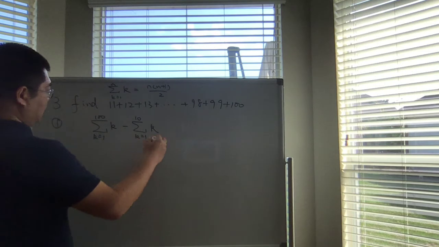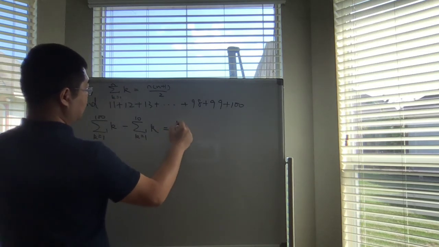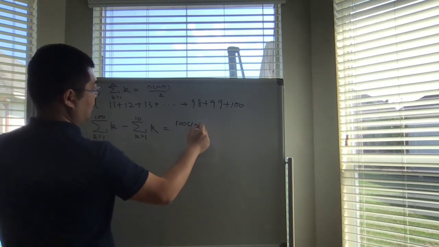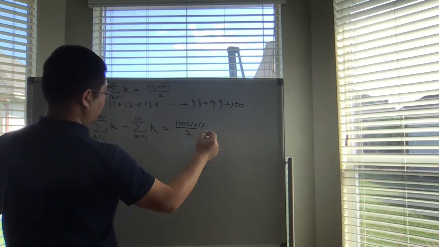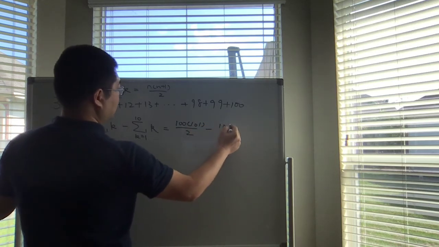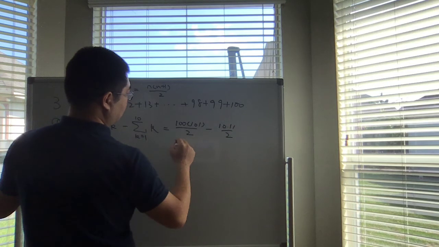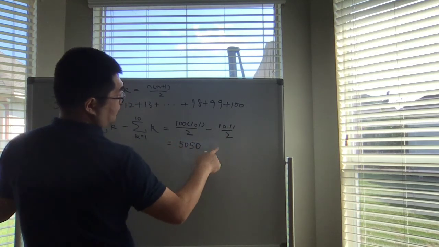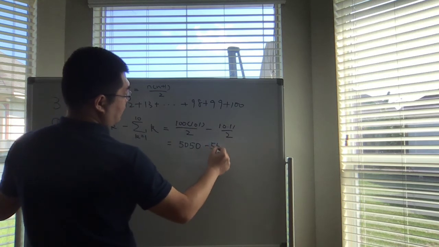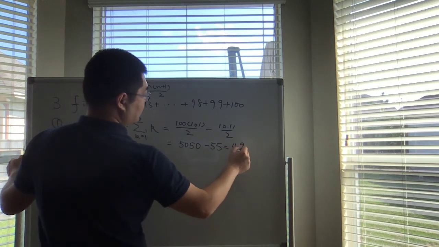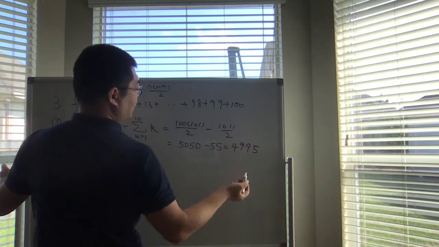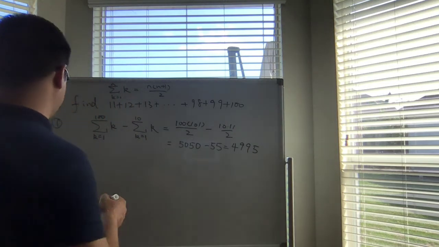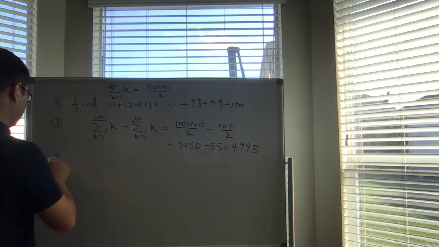And you can calculate this as 100 times 101 over 2 minus 10 times 11 over 2. So this is 5050, I believe. This part is 55. So the answer is 4995. Okay. So this is the first way to think about it.